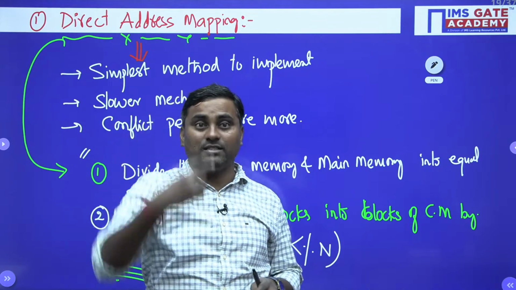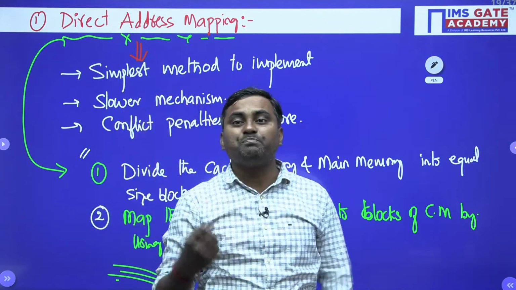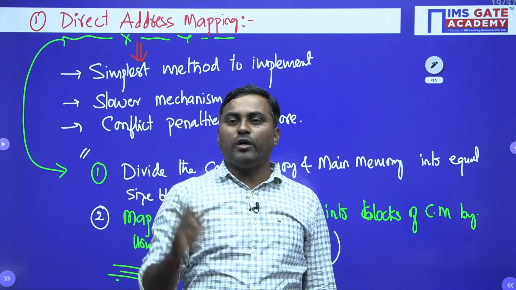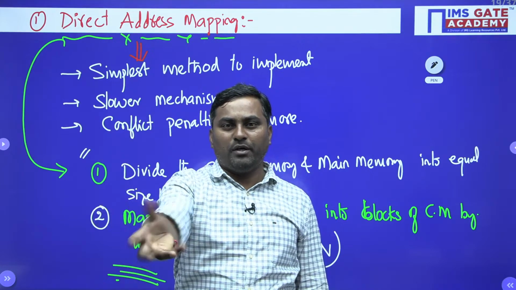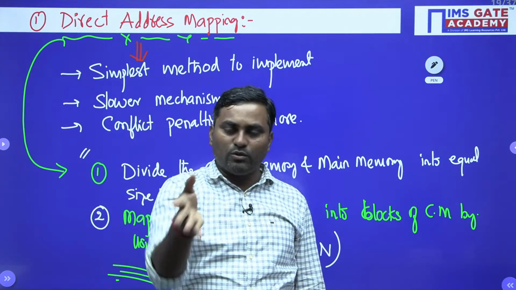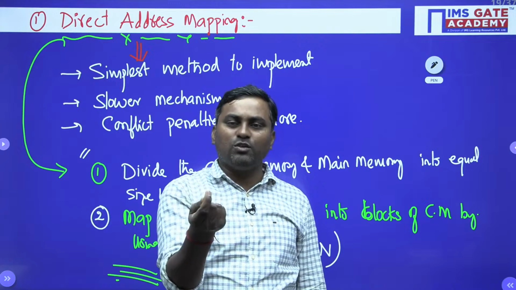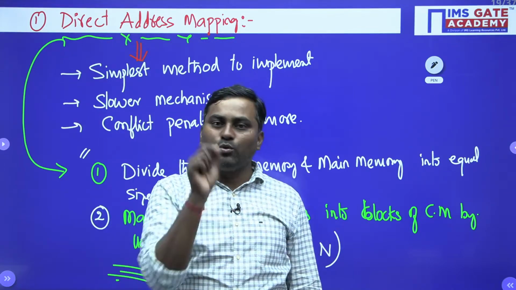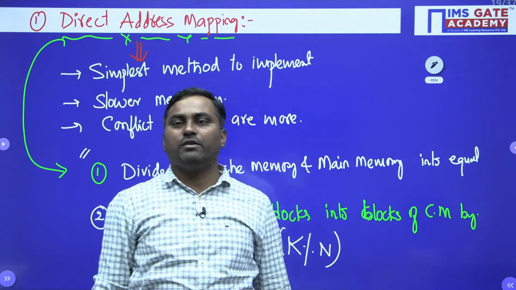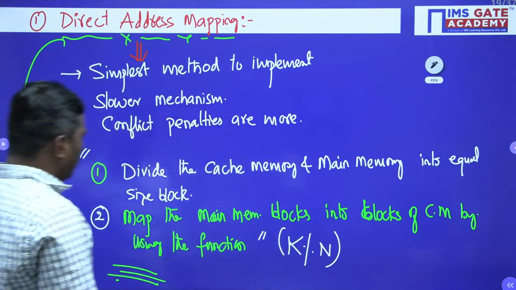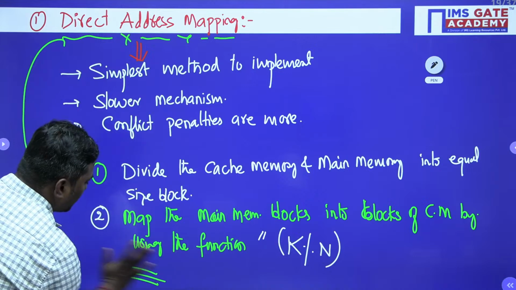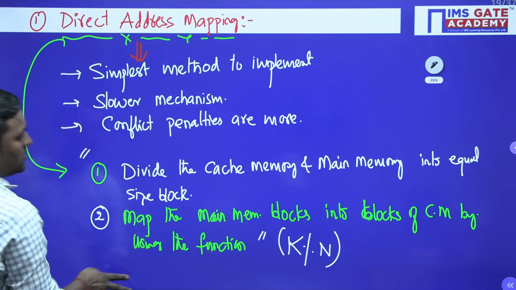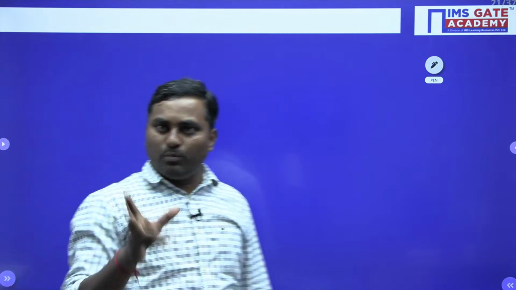Take any block number from main memory and apply this function. It gives the block number where you place it. You cannot place it randomly; you have to use this function.